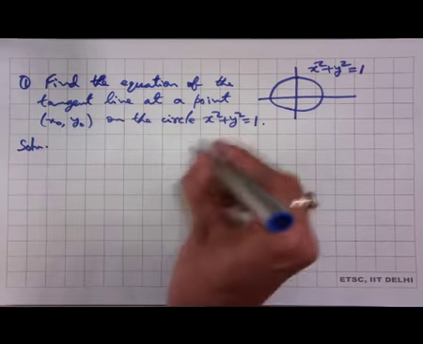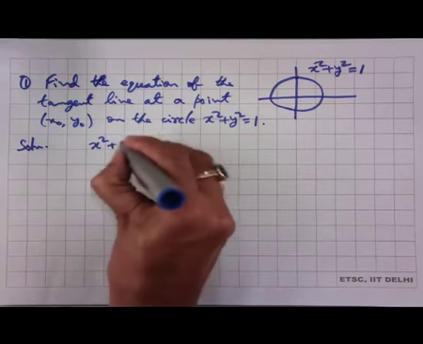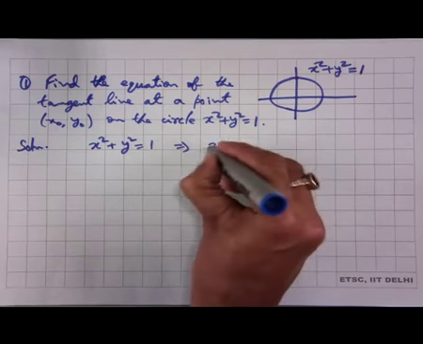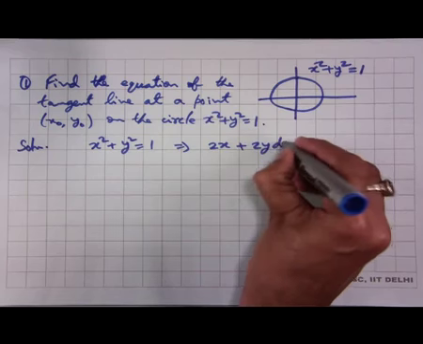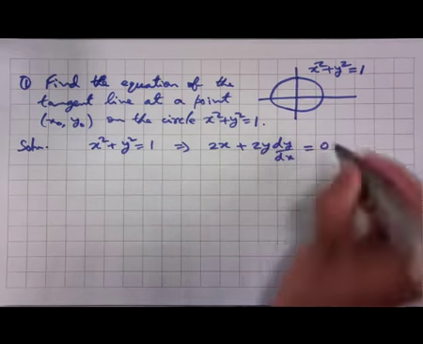If we look at this equation, x square plus y square equal to 1, this implies 2x plus 2y dy dx is equal to 0.